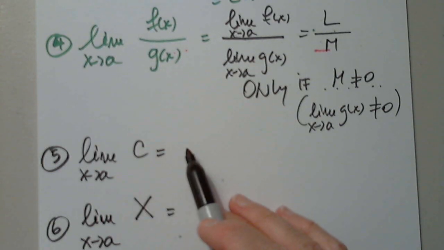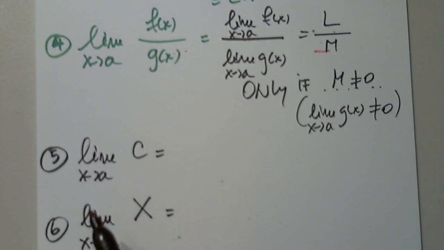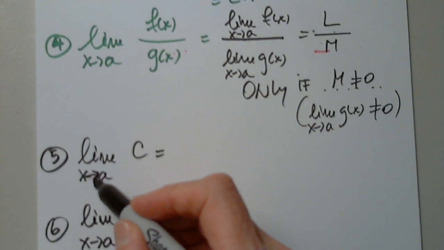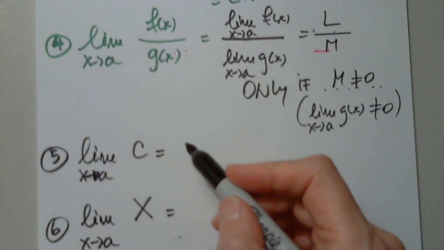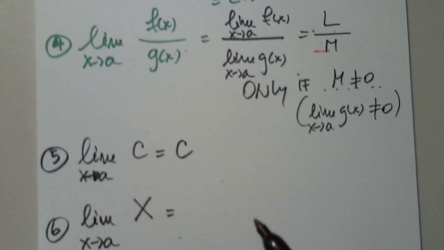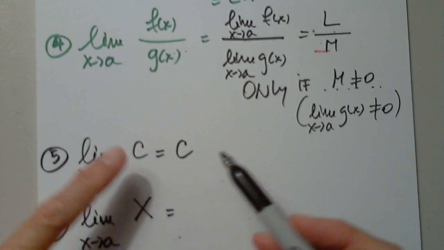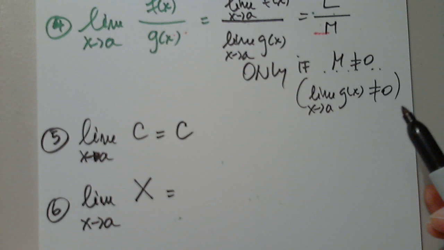So what do you think this is? Of course. Who cares where x is going? C is also C. Always C.